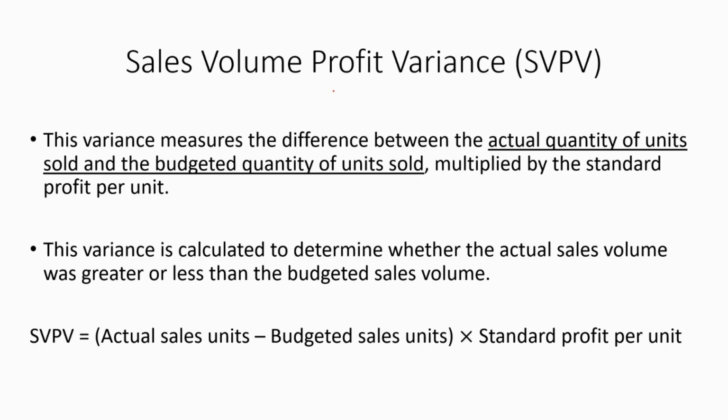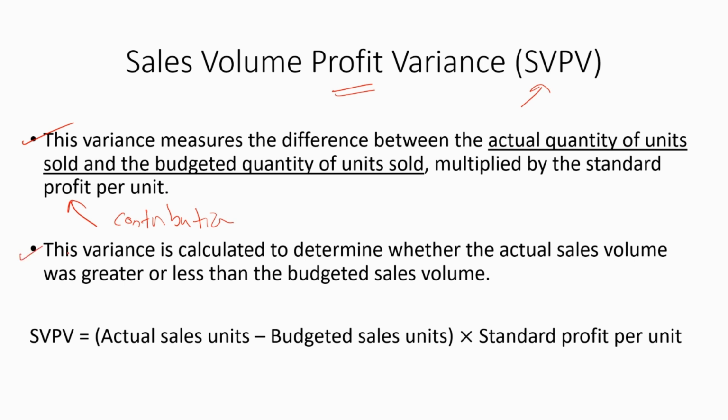Now let's discuss the sales volume profit variance, which is denoted by SVPV. This calculation is also relatively simple. This variance measures the difference between the actual quantity of units sold and the budgeted quantity of units sold, multiplied by the standard profit per unit. If we are using the marginal costing technique, we can use the contribution instead of profit, so it will be the sales volume contribution variance.